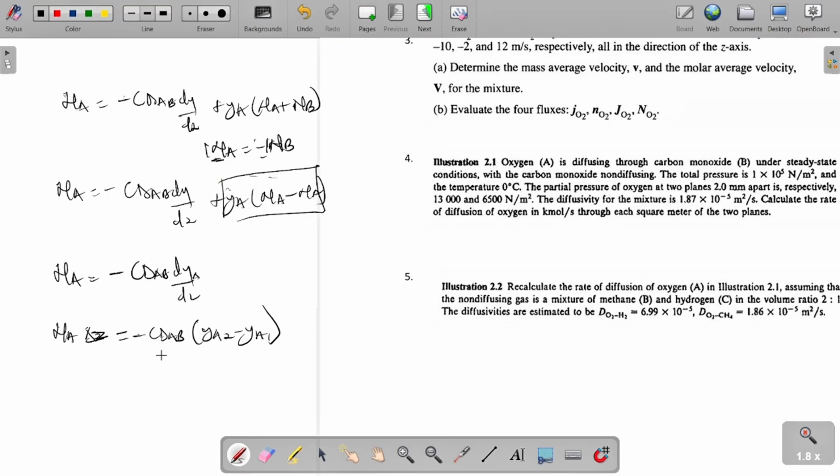This is also the simplest one, very, very simple. If we want it in terms of pressure, you know what to put over here.